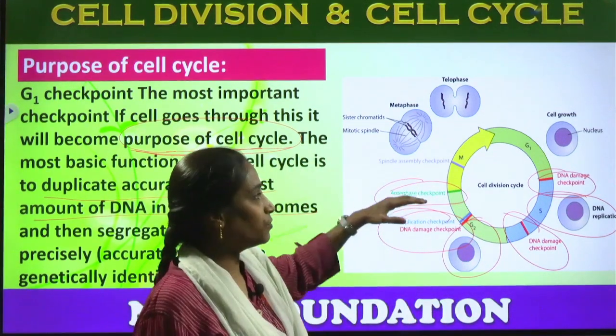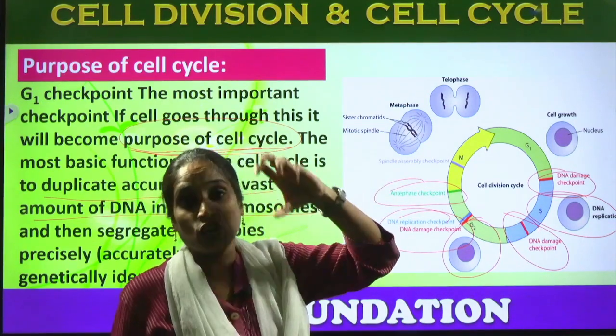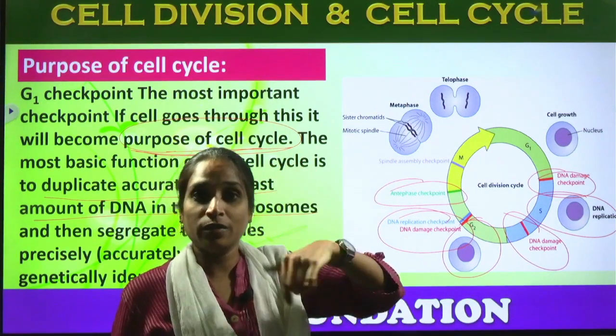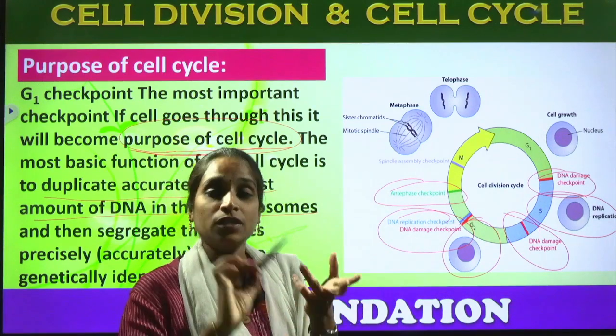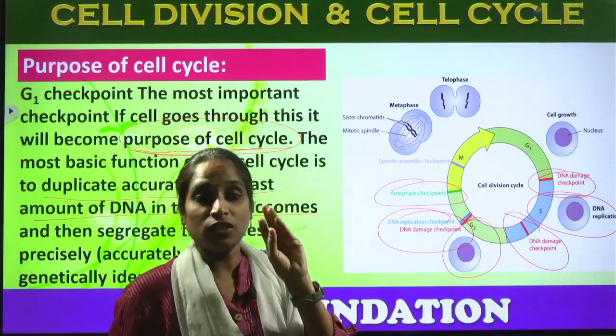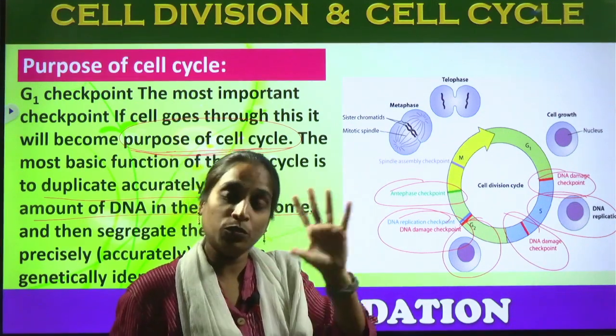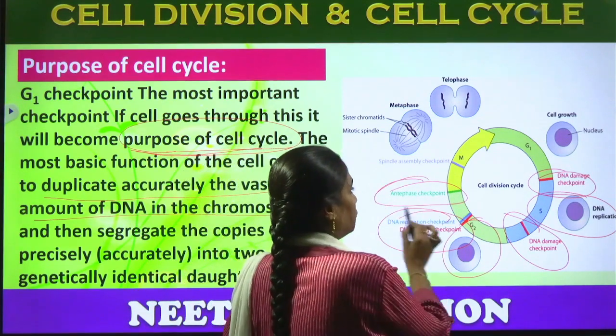Okay, so what is the anaphase checkpoint? Before the mitosis, the daughter cells have the capacity to divide mitotically, completely: interphase, prophase, metaphase, anaphase and telophase. So within all these phases, whether they could perform very well or not is checked at this checkpoint.